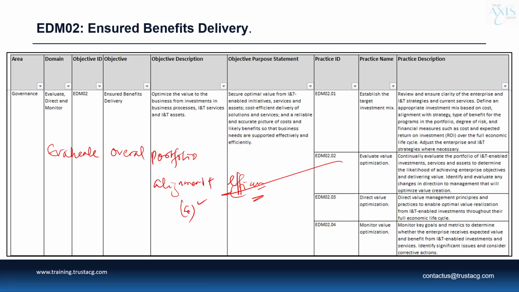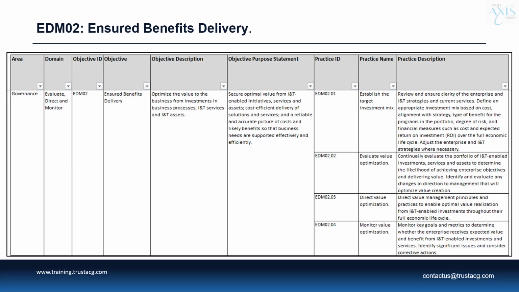You must review that, and then strive to achieve through your evaluation that IT is delivering measurable business value, whether through its operations or through any adjustments needed in order to maximize benefit realization.